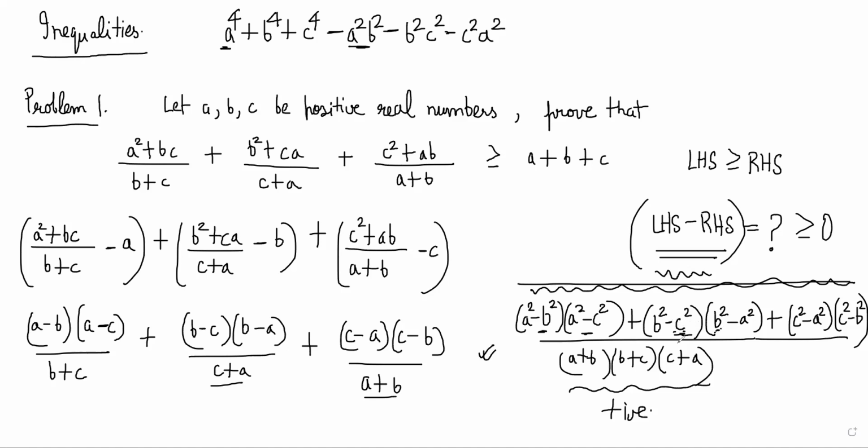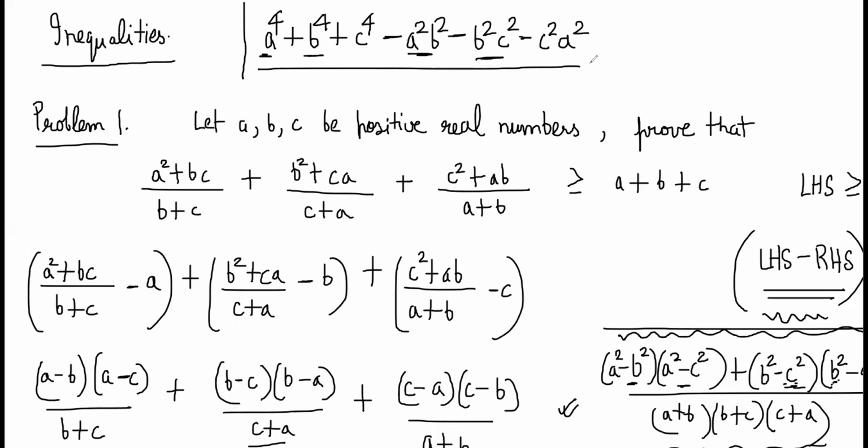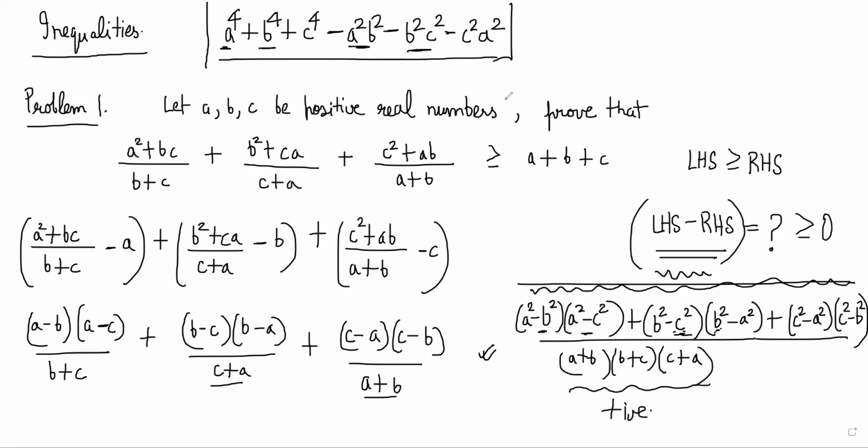Plus a square c square gets cancelled with this, and we have minus b square c square coming from here. This is what is coming on top. So can you say whether this thing is positive or negative?